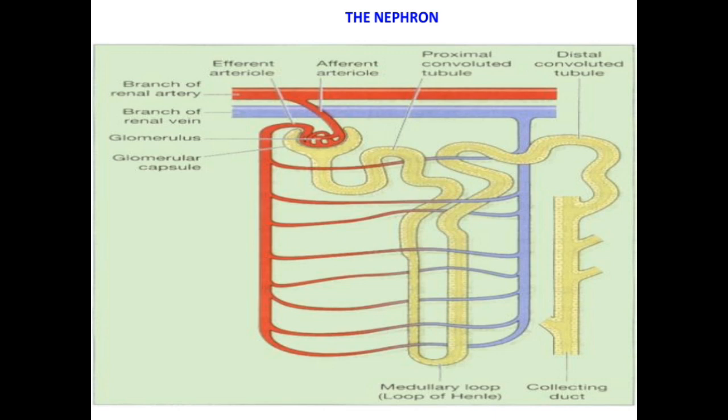For example, substances like water, sodium, potassium, and calcium are retained in the body. Those substances will seep through and go through the channel of capillaries that we see just upon the medullary loop, and they'll go back into the general circulation through the branch of the renal vein.